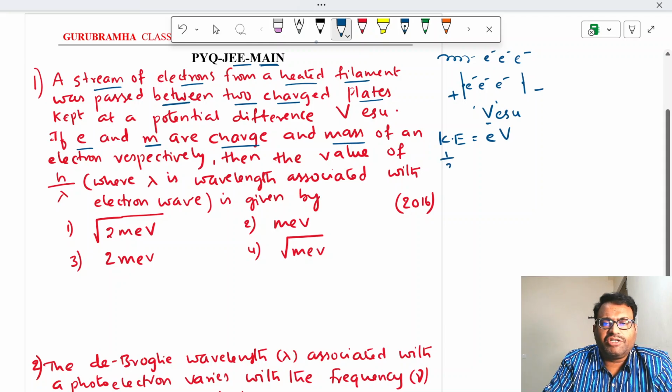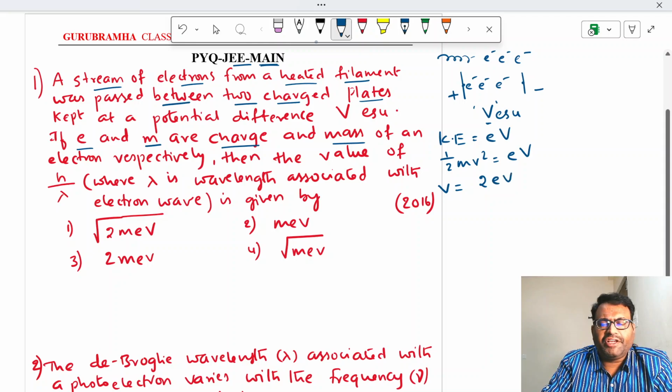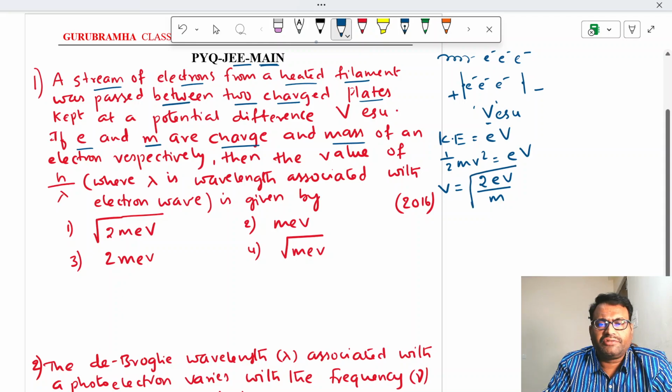So kinetic energy, half mv square, is equal to eV. Then v will be equal to root of 2eV by m. The 2 moves to that side, m moves to the denominator, and we are calculating v. So this is the formula for v.